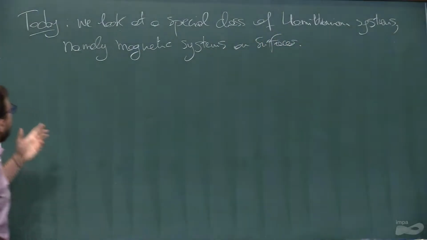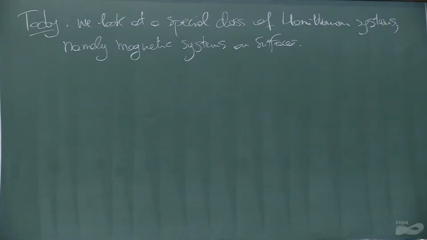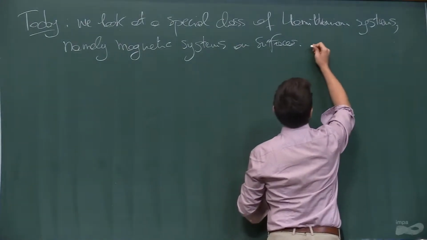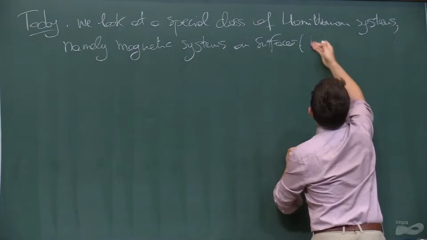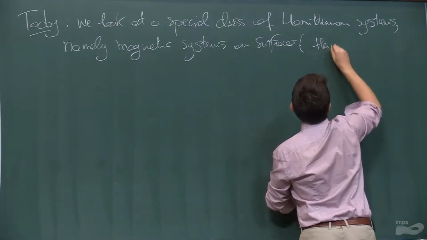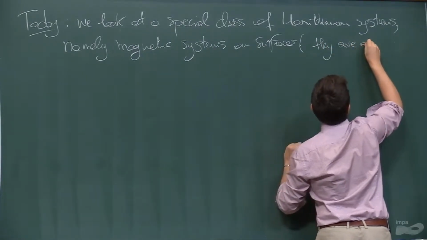And so we can think of magnetic systems as being a particular example of Hamiltonian systems, but on the other side, one can also think of them as a generalization, as we will now see, of standard geodesic flows.